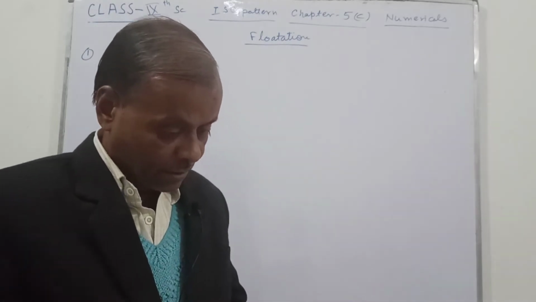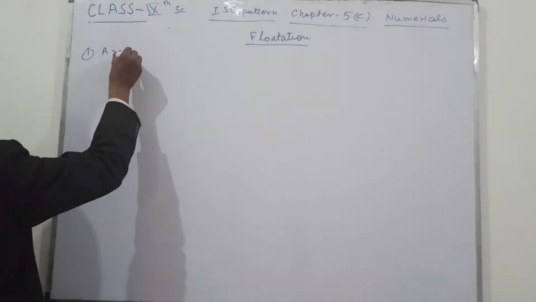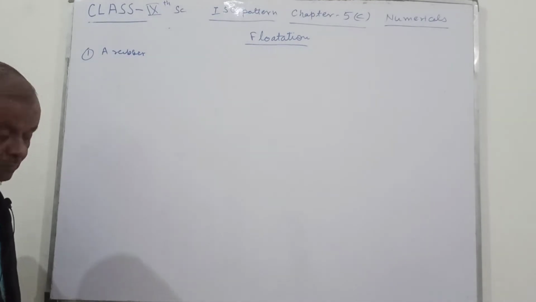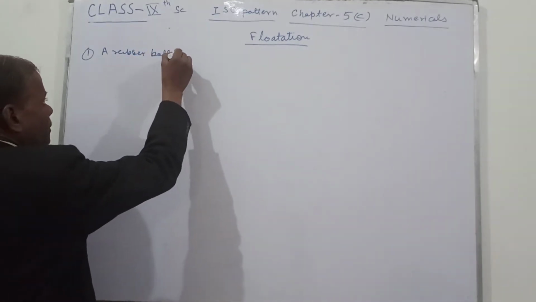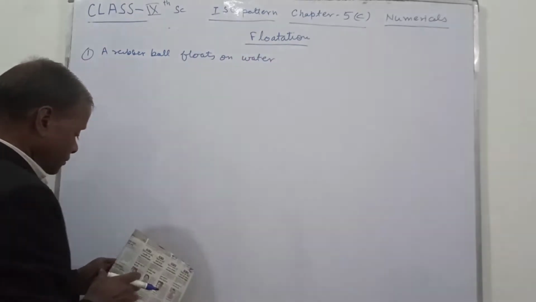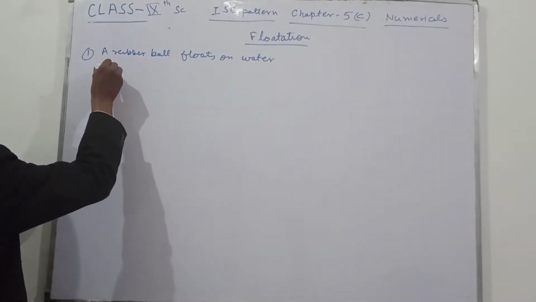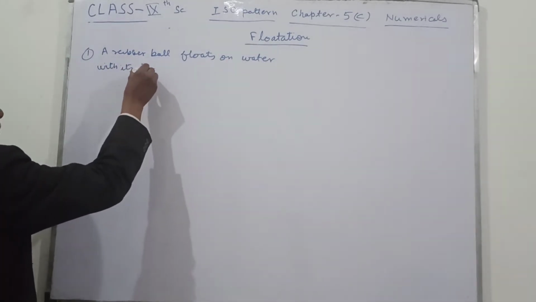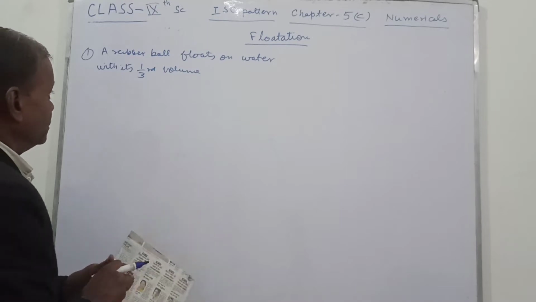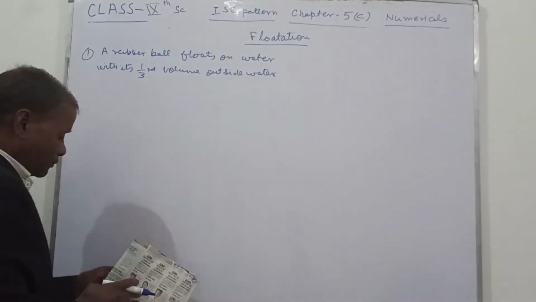The numerical is here: a rubber ball floats on water with its 1/3 volume outside water.